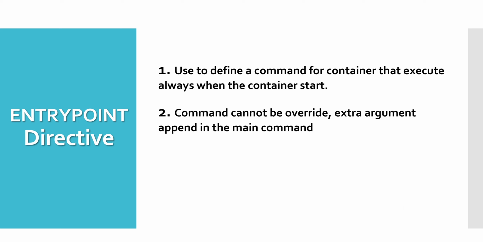Now in entry point, the command cannot be overridden. If you pass any extra argument together with the docker run command, then it will get appended to the main command. We will see a demo for entry point directive as well, and then I will show you how it gets appended.